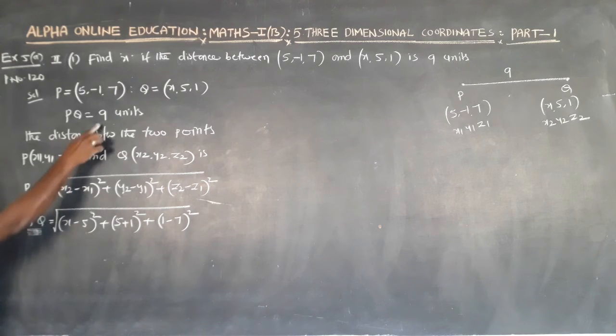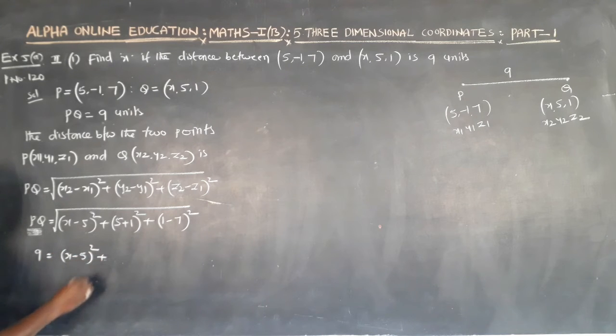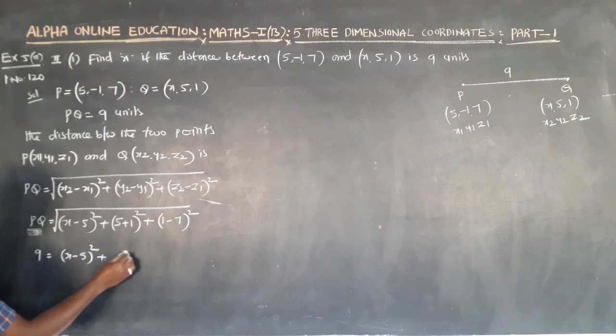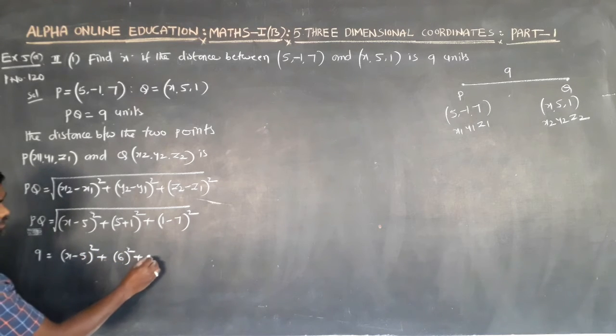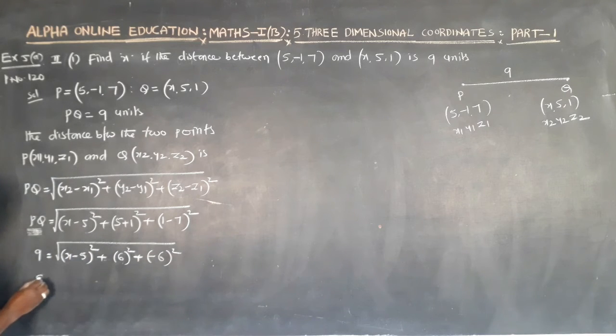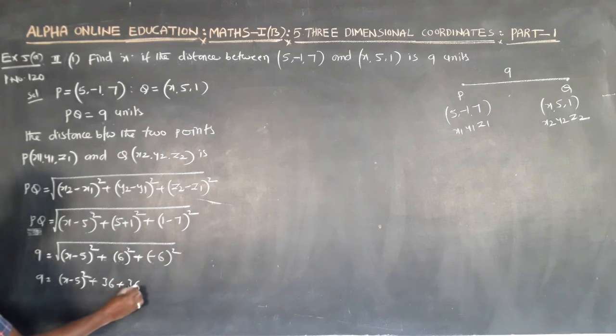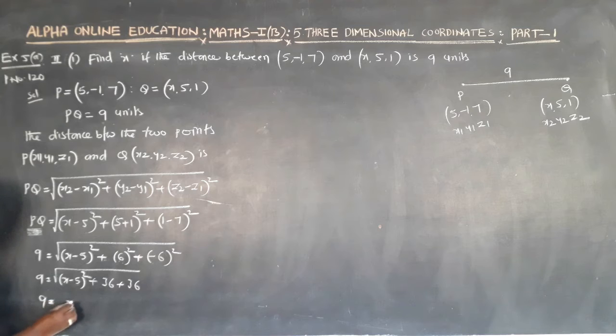Substituting PQ = 9: 9 = √[(x − 5)² + 6² + (−6)²]. 5 + 1 is 6, squared is 36; 1 − 7 is −6, squared is 36. So 9 = √[(x − 5)² + 72].